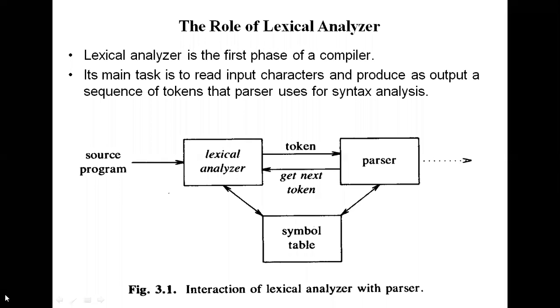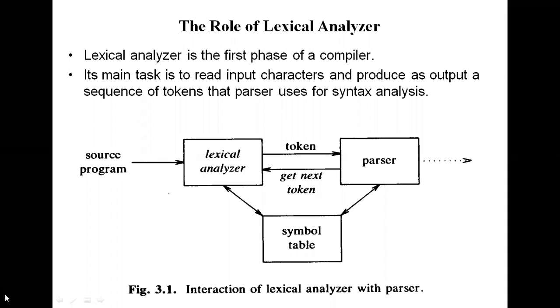How is the process of scanning done? It reads an input program from left to right, one character at a time, and generates the sequence of tokens. Each token is a single logical cohesive unit. Those tokens can be called identifiers, keywords, operators, punctuation marks, and so on.